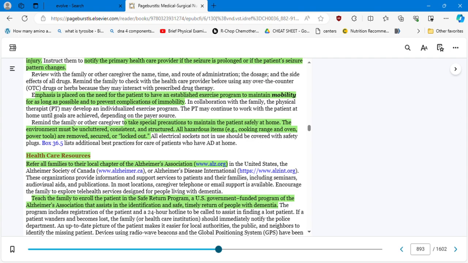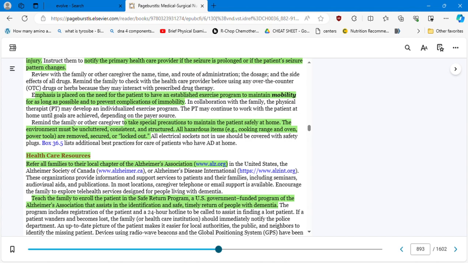Place emphasis on the need for the patient to have an established exercise program to maintain mobility for as long as possible, and to prevent complications of immobility. And also the family and the caregiver must remember that taking special precautions to maintain the patient safely at home is a must.